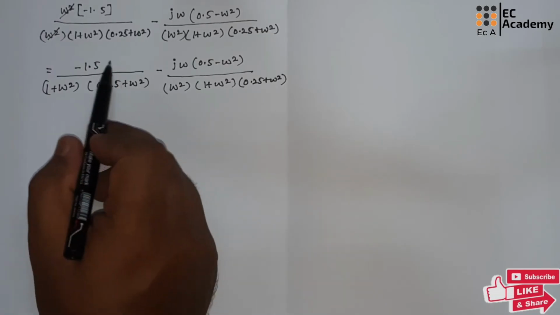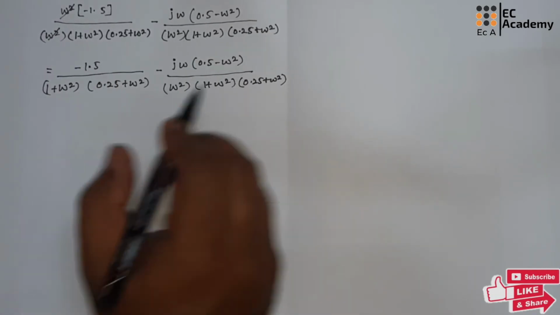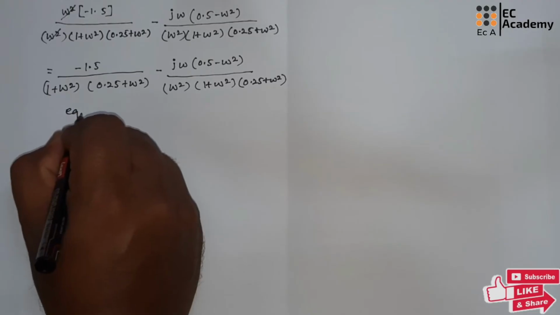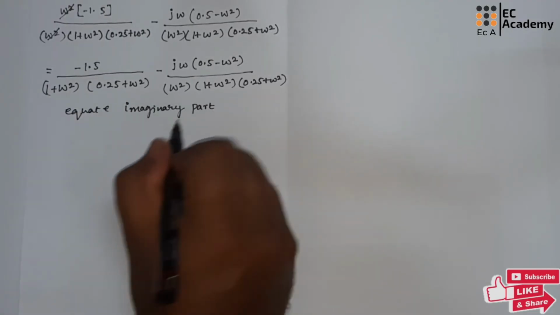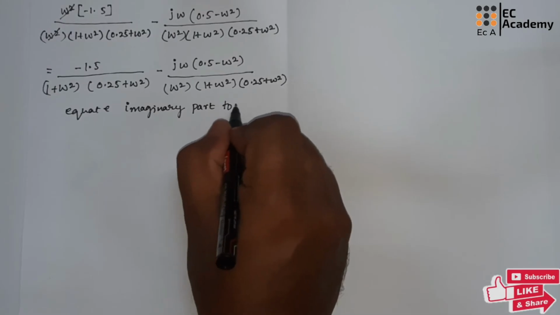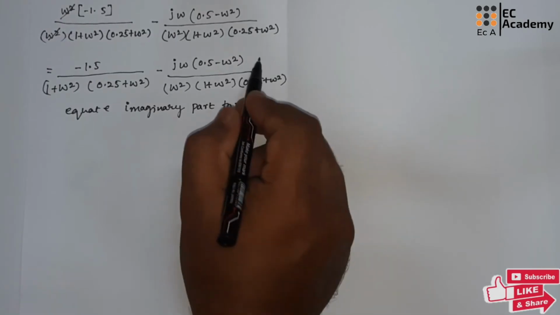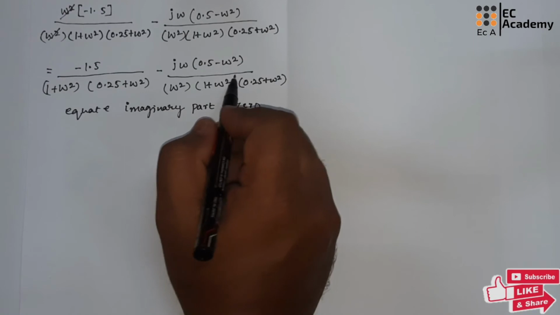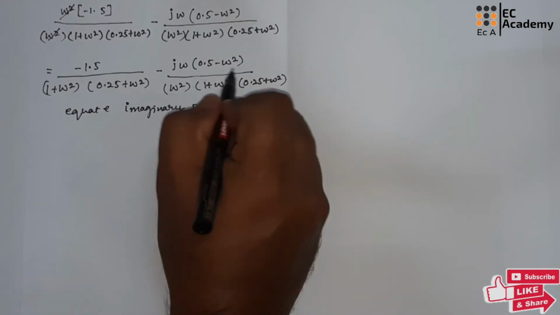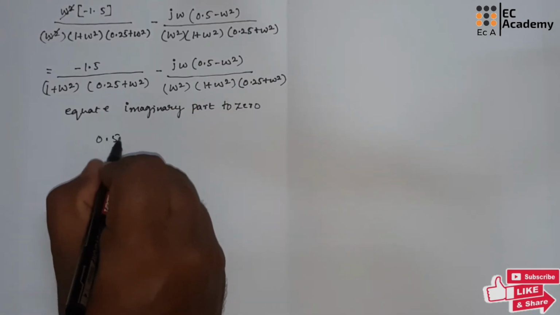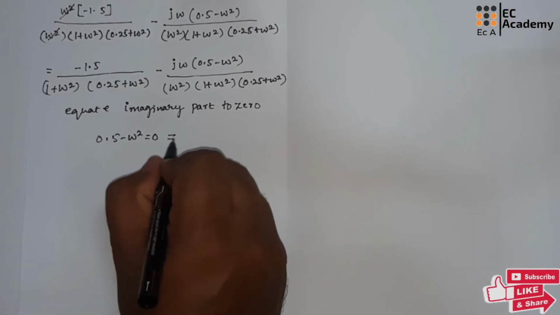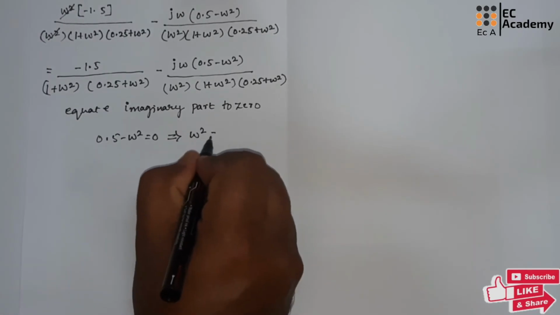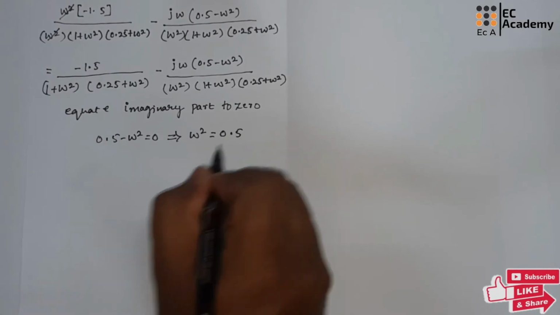So we have separated the real term and the imaginary term. Now we need to equate the imaginary part to 0. So this is the imaginary part. If we equate that to 0, we will get 0.5 minus omega square is equal to 0. So from this we can write omega square is equal to 0.5.